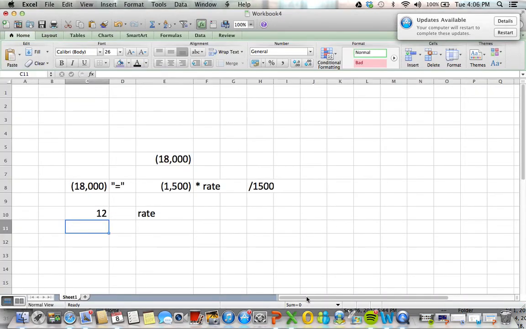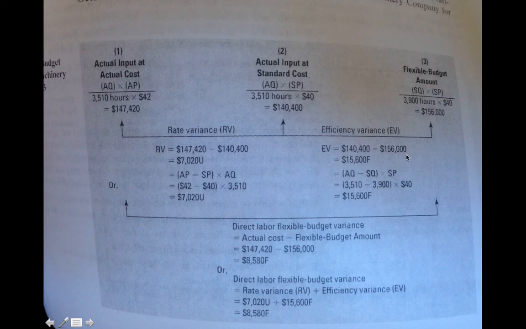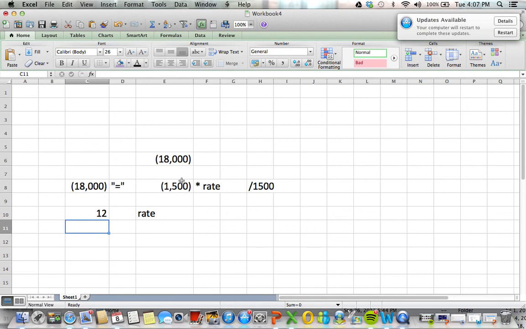And the way I did that is, again, I went and I got my 40. My 40 is actually 12, right? So the way I did that, I knew that the difference in the hours times the rate will equal my variance. And my variance is negative 18 in this case. And I knew that the difference in the hours is negative 1500, and that variance was actually negative 18,000.